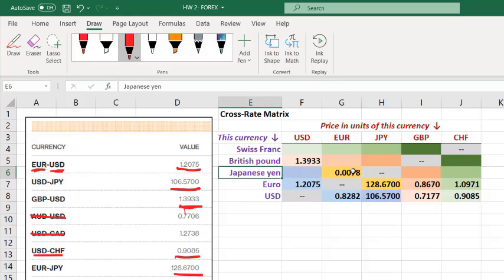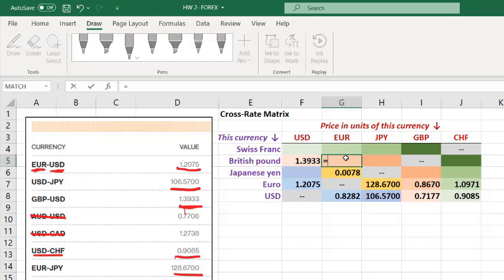You'll notice that the Japanese yen prices of all the other currencies are going to be high because it's a currency with a very low unit value. Okay, what else can we do here? We've got the euro priced in Great Britain pounds right here. We can do the British pound priced in euros right here. Equals 1 divided by the pound price of euros.